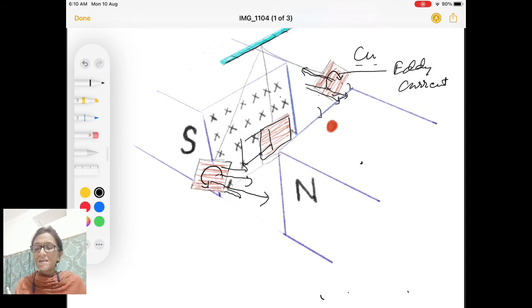Here it was clockwise, and when it is coming out, it is in anti-clockwise direction.